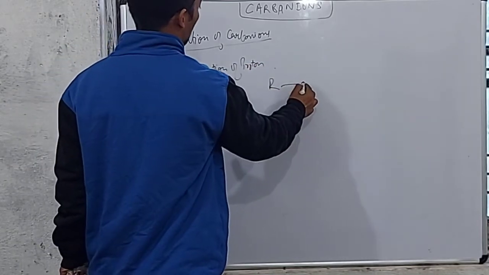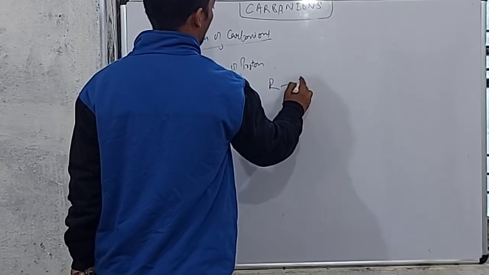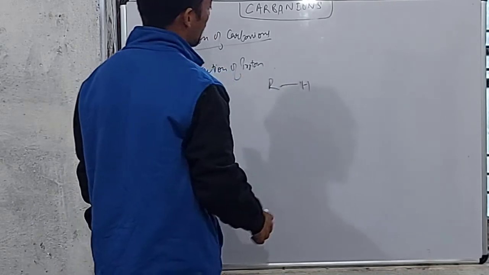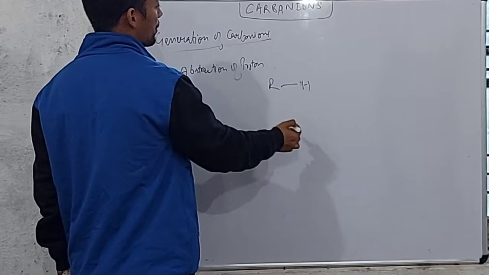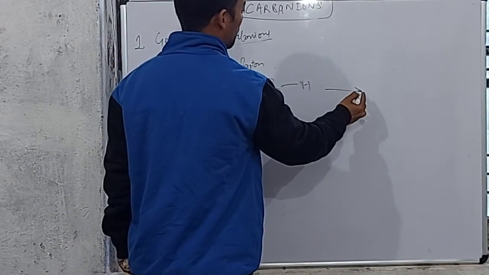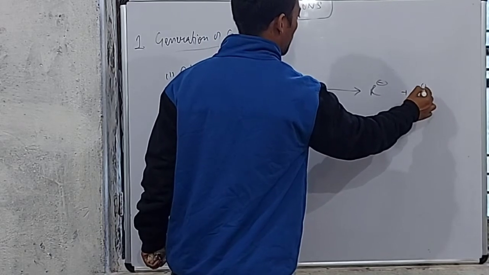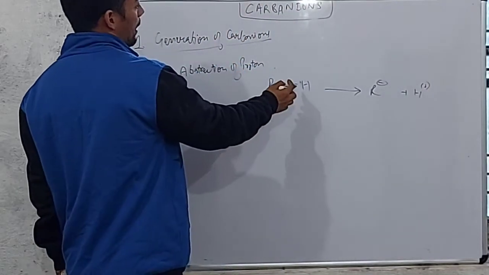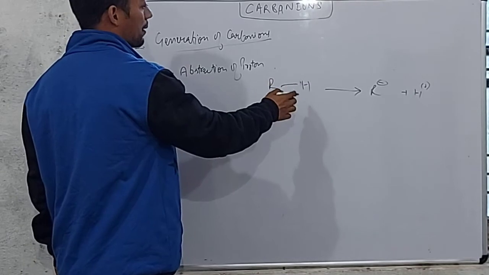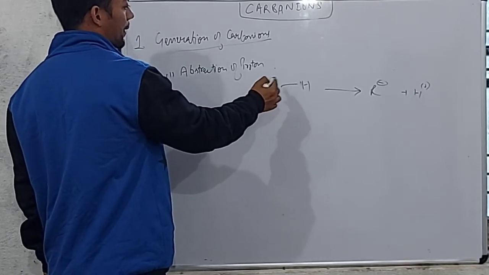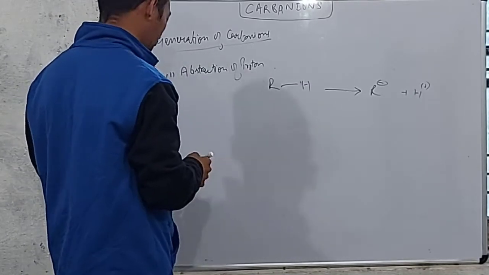Suppose this is RH, and if we abstract this proton, we will get a carbanion. As you can see, the proton has been abstracted from this, and we are left with R negative, that is a carbanion.